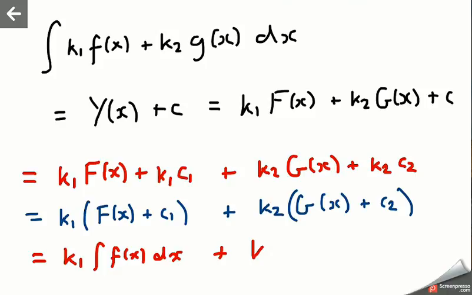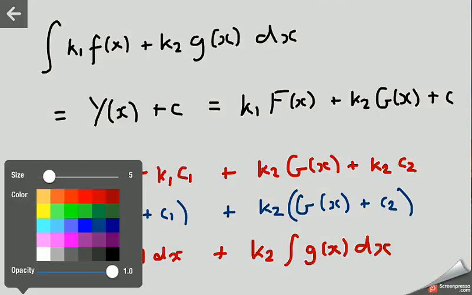So plus k2 times the antiderivative of little g of x dx. And then we're done, because this is exactly what we set out to prove.